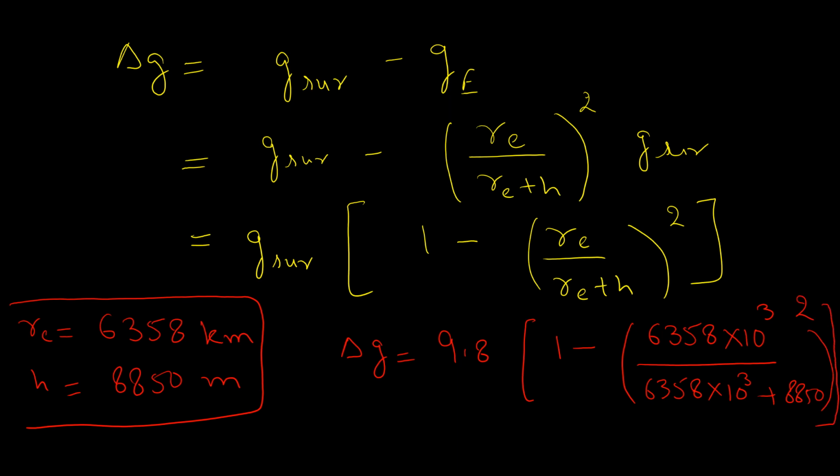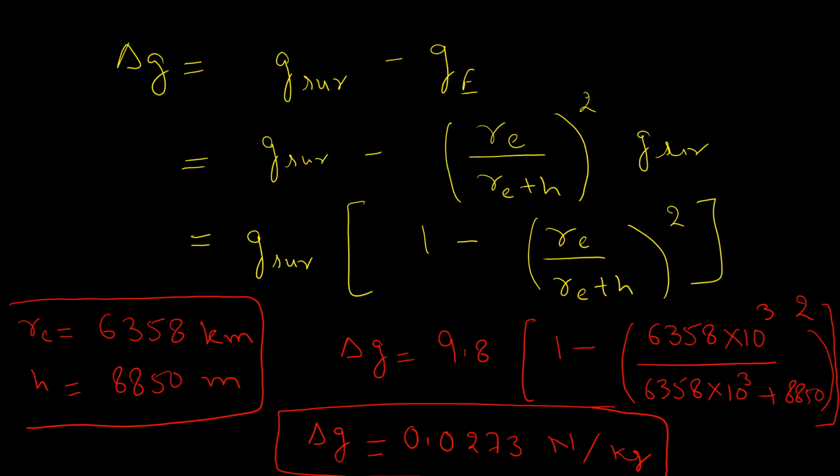And when you calculate this whole equation, delta G will come out to be 0.0273 newtons per kilogram. So this is how you solve this question. Thank you.